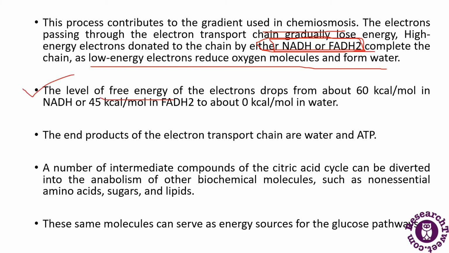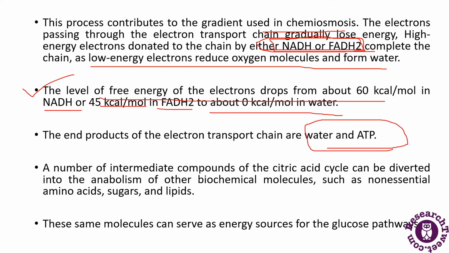The level of free energy of electrons drops from about 60 kilocalories per mole in NADH, or 45 kilocalories per mole in FADH2, to about 0 kilocalories per mole in water. So the end products of the electron transport chain are water and ATP, that is energy and water.